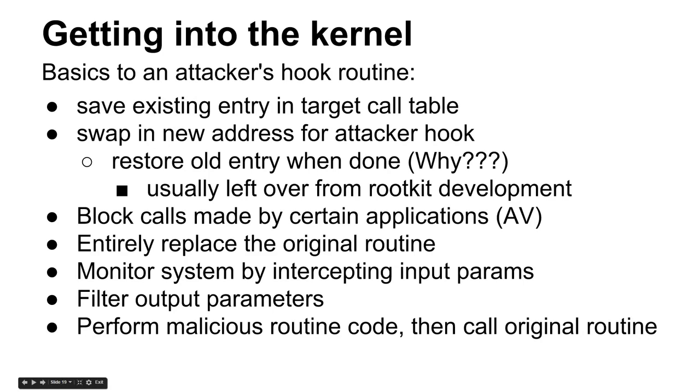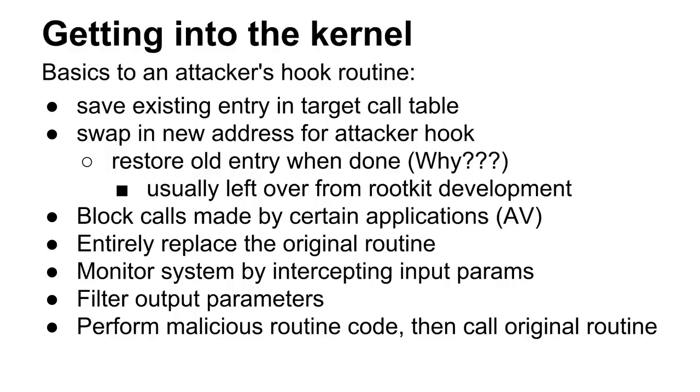So again, to revisit the basics of hooking, you save the existing entry or contents in the call table, swap in a new address for your hook. Maybe at the end of your hook code, you return back to that call table or point it to the intended function.